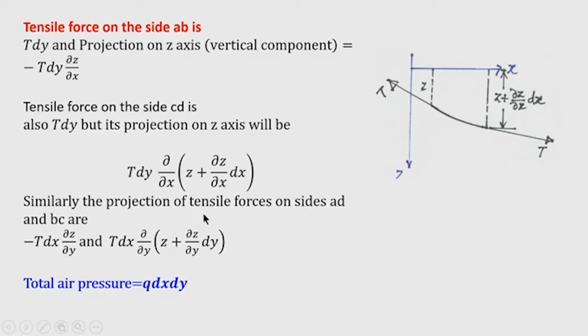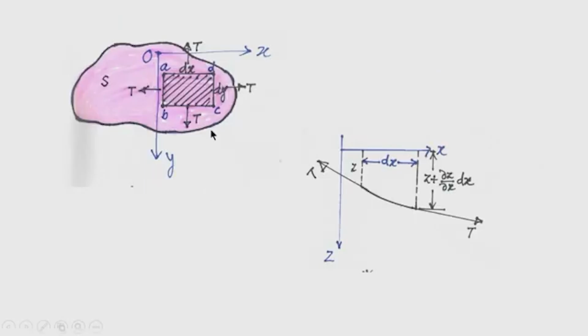Similarly, projection of the tensile force on the sides AD and BC. What are the sides AD and BC? AD is the side which is along the x axis. So the total tension along AD is T into dx.